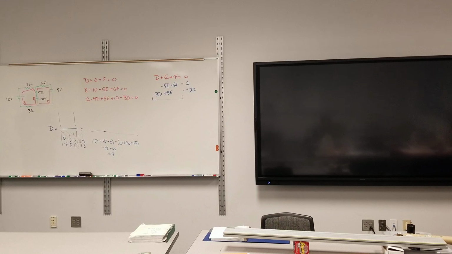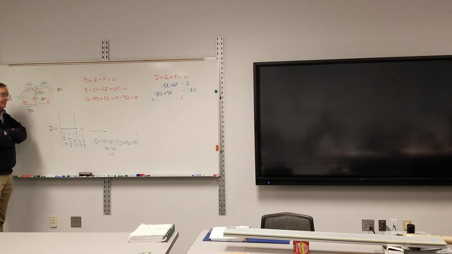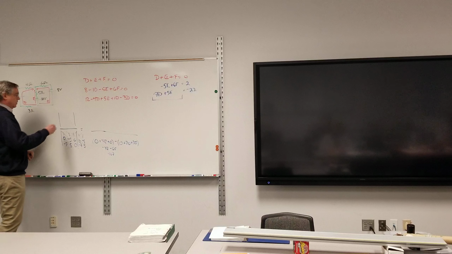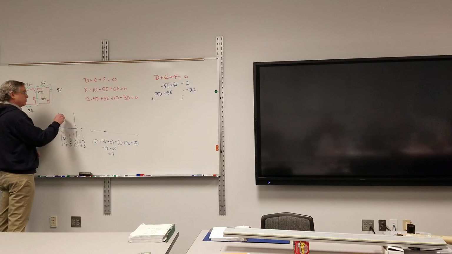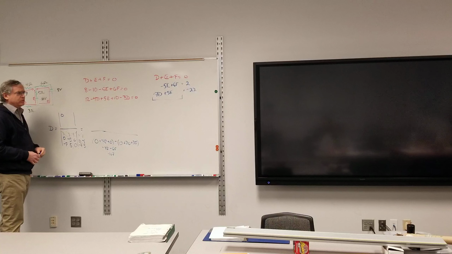All right, so what's the numerator? You'll have to be louder. 0, 2, and -22. Where am I putting the 0, 2, and -22?